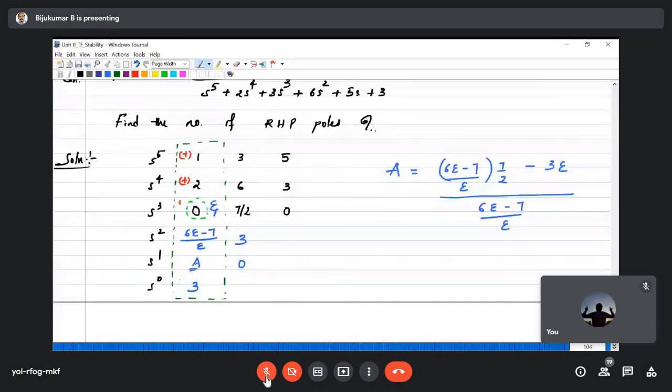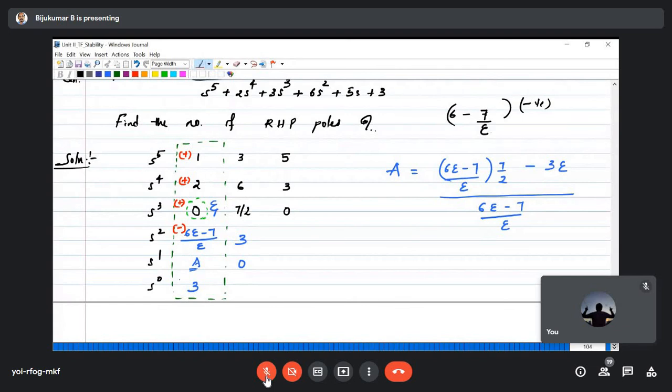If epsilon is a small positive number, what will happen to this? It can be written as 6 minus 7 by epsilon. So this is a very small positive number, so obviously the whole term will become negative.